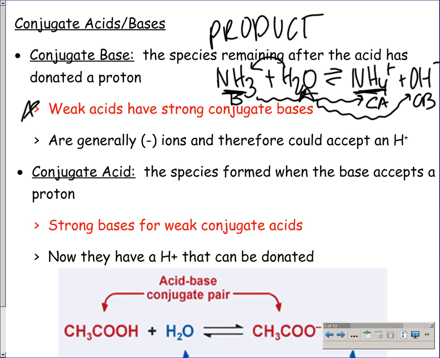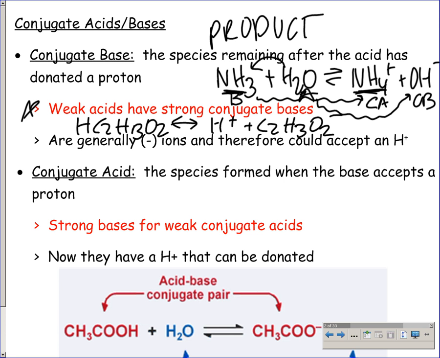Weak acids have strong conjugate bases. That's because when you're talking about strong, it means that it wants to regain a proton or to get rid of a proton. It just depends on which version we're talking about. So weak acids yield things that want to go back to the weak acid state. So acetic acid, for example, yields H plus and C2H3O2 minus.